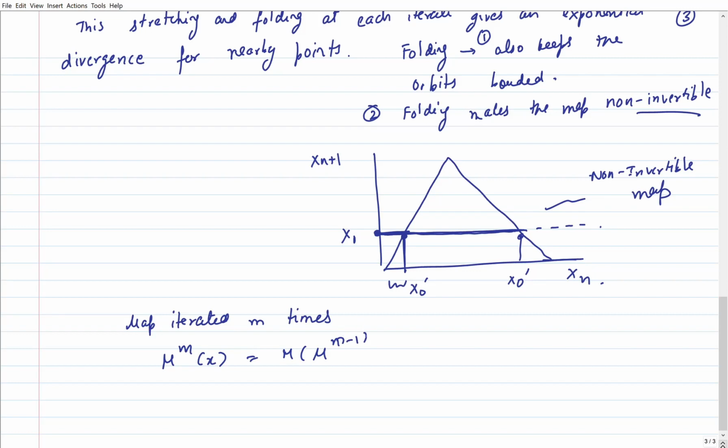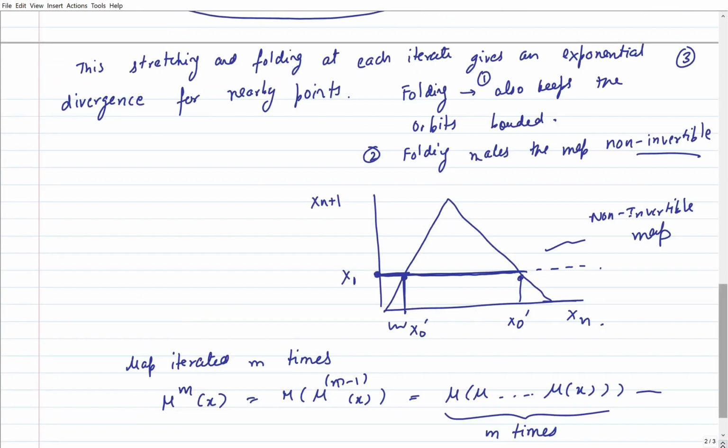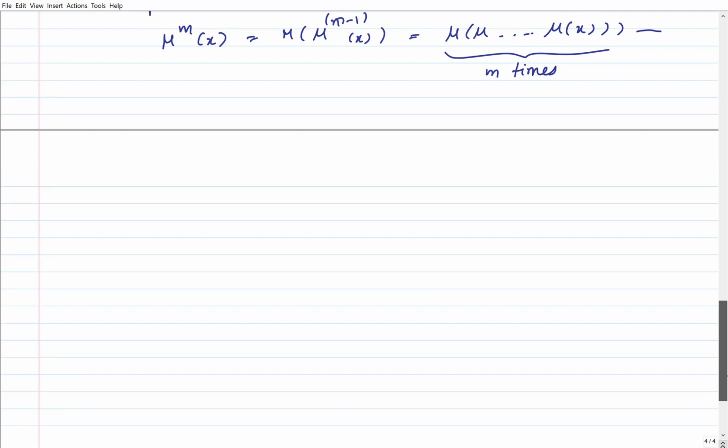So that's the symbol of the map iterated m times. How would that map look?